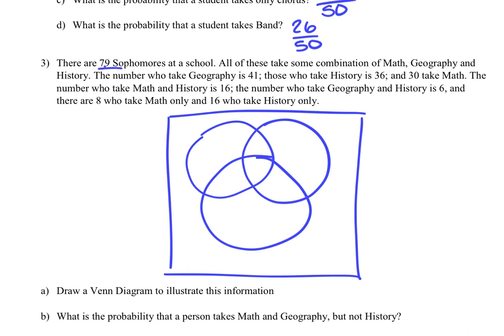So there's 79 sophomores at school. All of these take some combination of math, geography, and history. So I like to label them. They're telling you that the total number who take geography is 41, so the geography circle should be 41. History is 36, and math is 30.